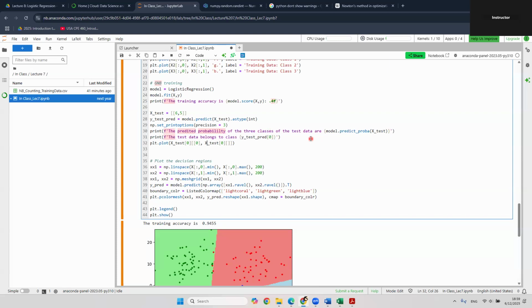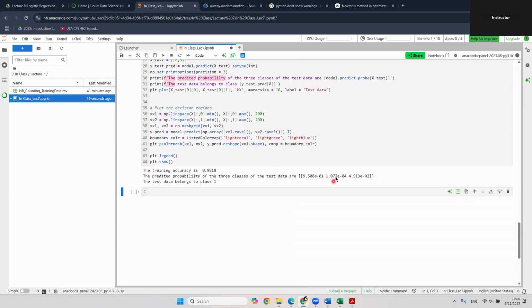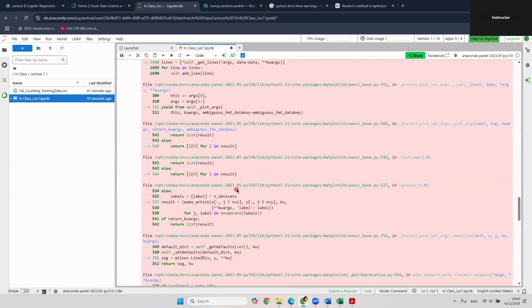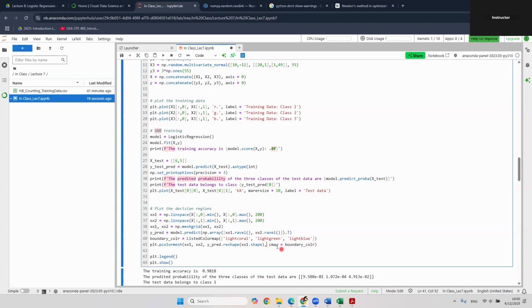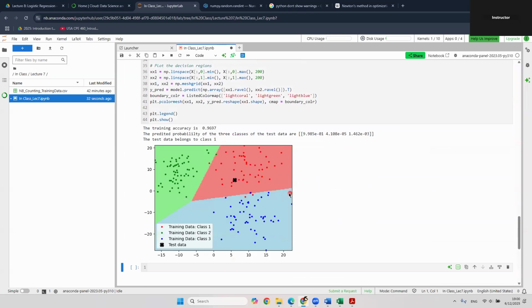And then I use kx, make it a cross, and the marker size equal to 10, and the label equal to test data. Okay, here. Let me see here. Marker. Where's my marker size? Wait. Marker size. Okay, here we go.